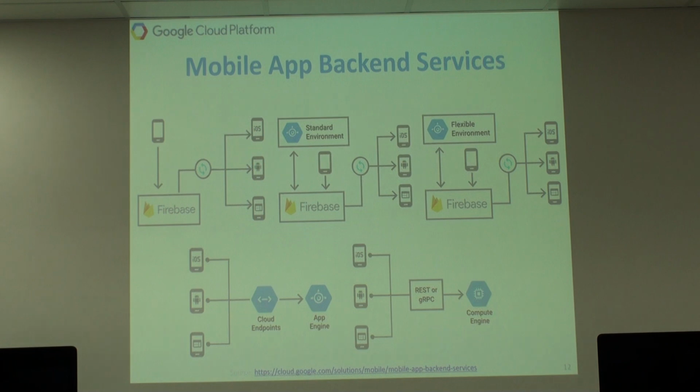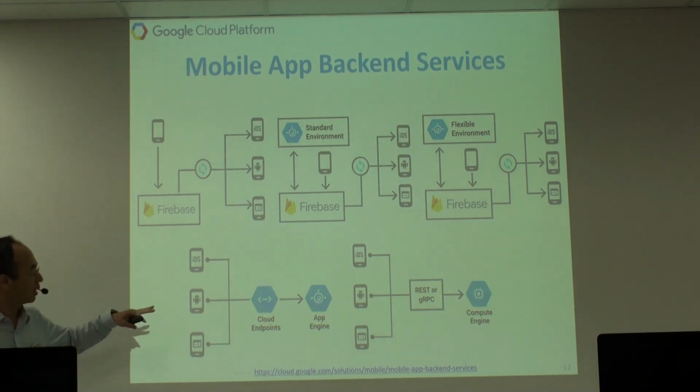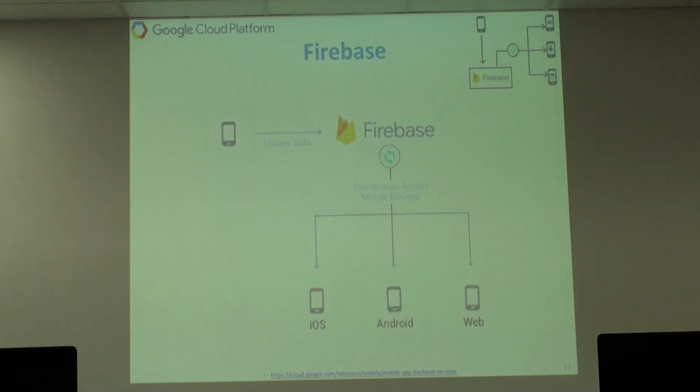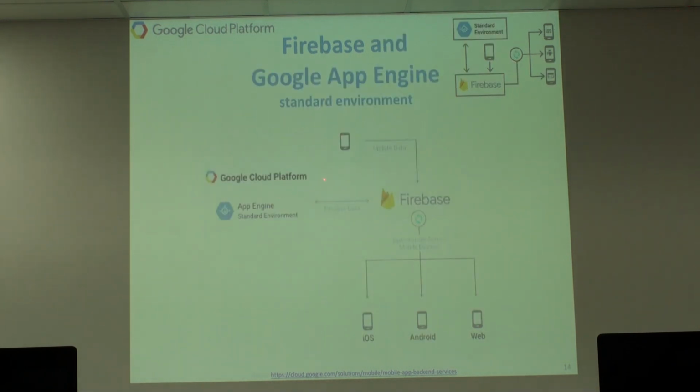Or you can use Google Compute Engine with a RESTful API, set up on your virtual machine. For Firebase, the Firebase architecture is the simplest way. And you can also use Google Cloud App Engine with standard environments and process the data and save it in Firebase. So that's a solution.